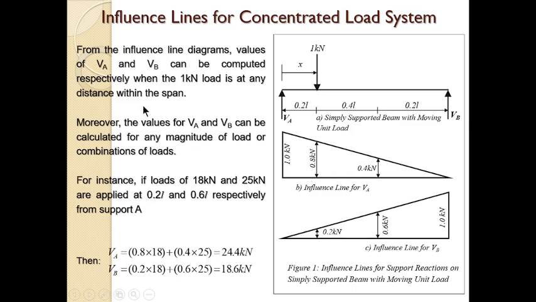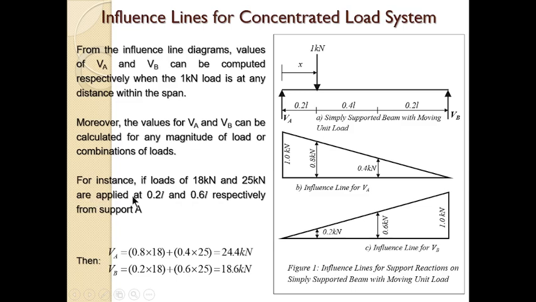So from the influence line, the value of VA and VB can be computed respectively when any load is applied at any distance within the span. Now, the value of VA and VB can be calculated for any magnitude of load or combination of loads.